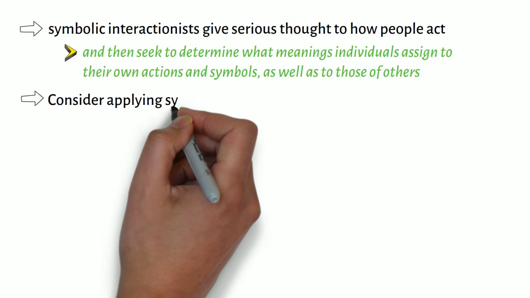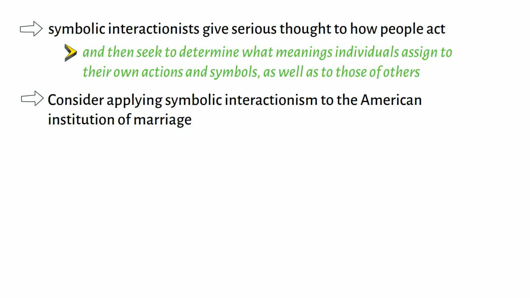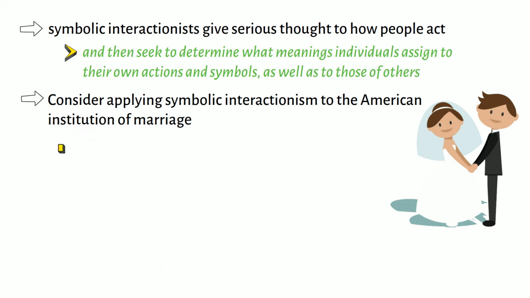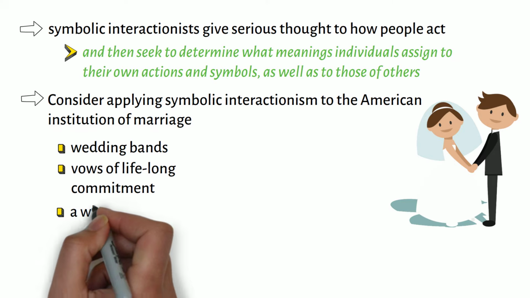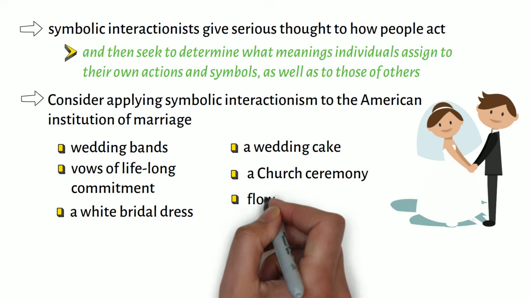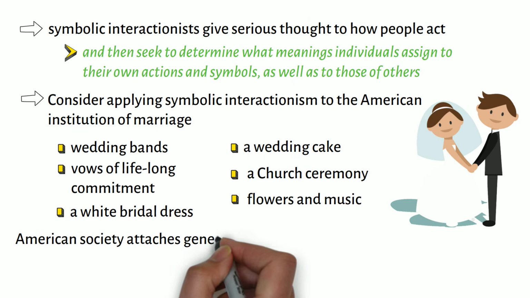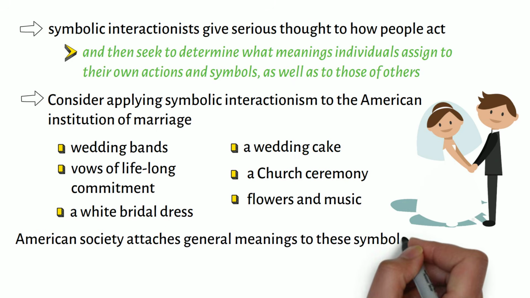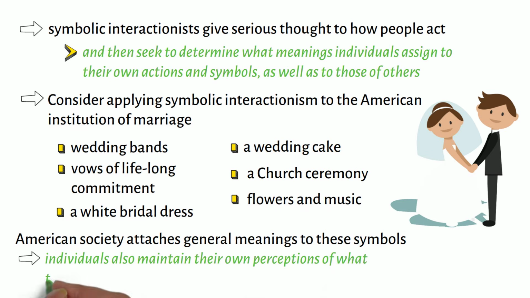Consider applying symbolic interactionism to the American institution of marriage. Symbols may include wedding bands, vows of lifelong commitment, a white bridal dress, a wedding cake, a church ceremony, and flowers and music. American society attaches general meanings to these symbols, but individuals also maintain their own perceptions of what these and other symbols mean.